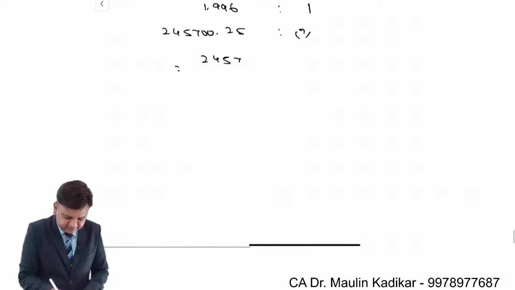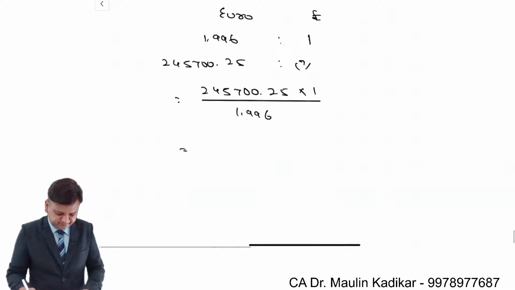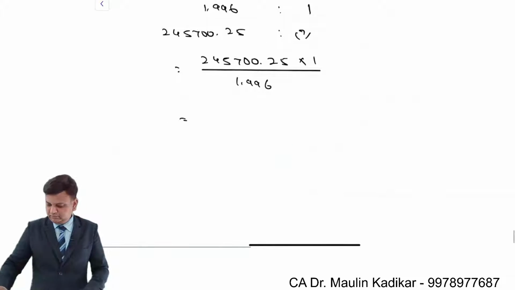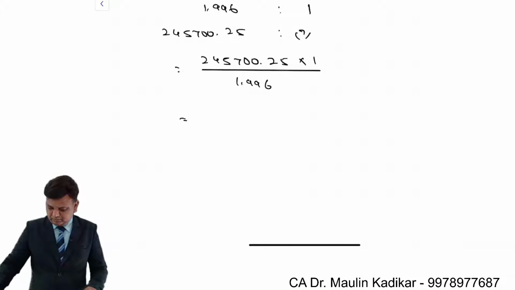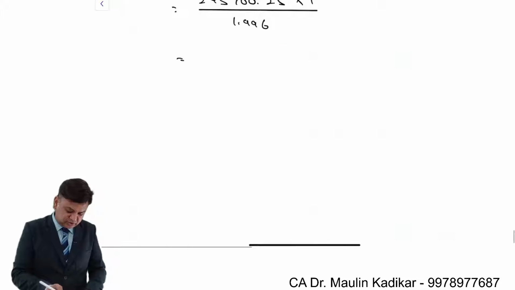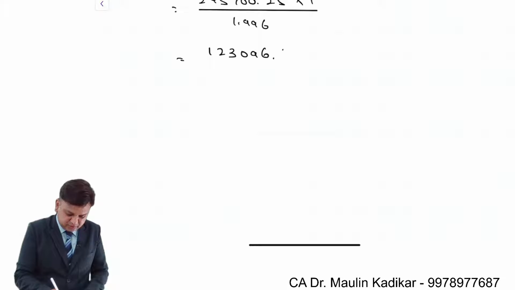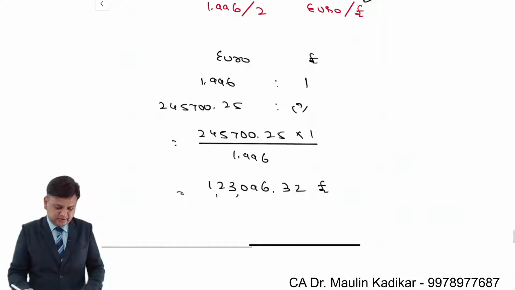So 2,45,700.25 into 1 divided by 1.996. That comes to 1,23,096.32. Okay.